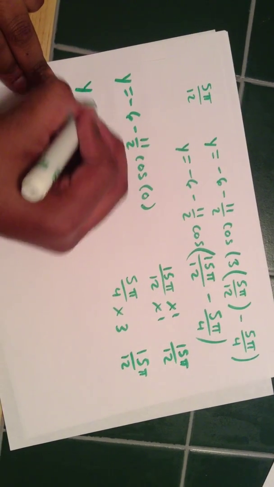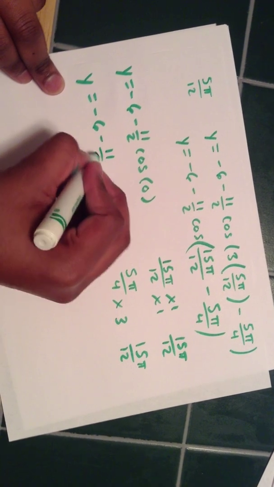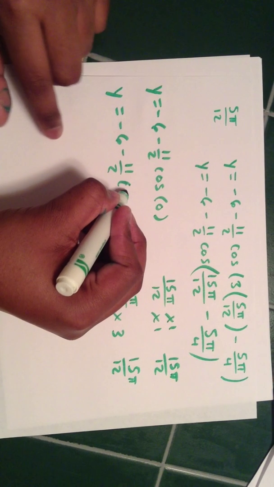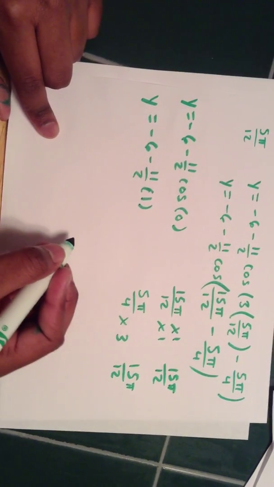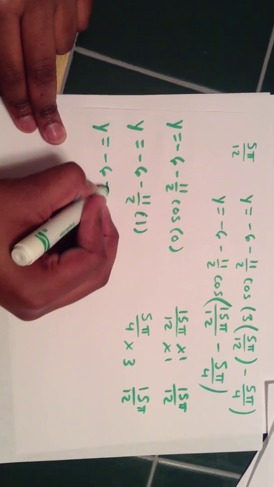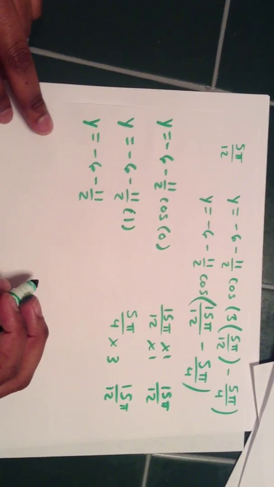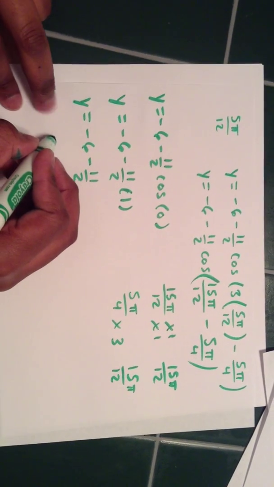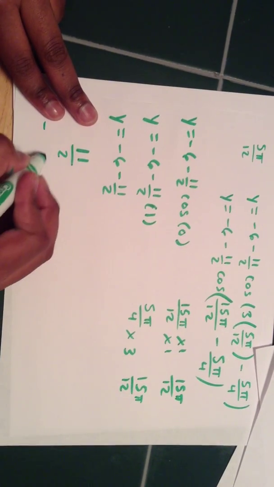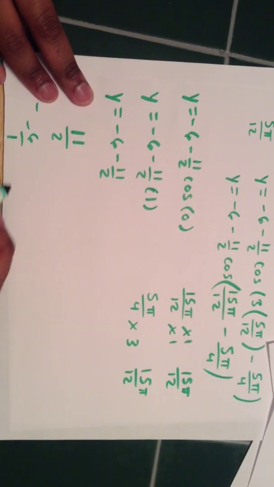So it would be y equals -6 minus 11 halves times 1. And you will get y is equal to -6 minus 11 halves. And you'll go about subtracting a fraction and a whole number. 11 halves minus -6, and put it over 1.